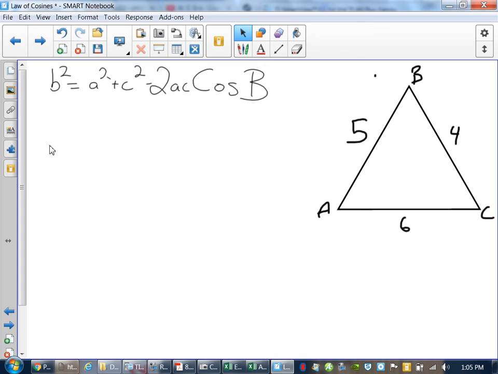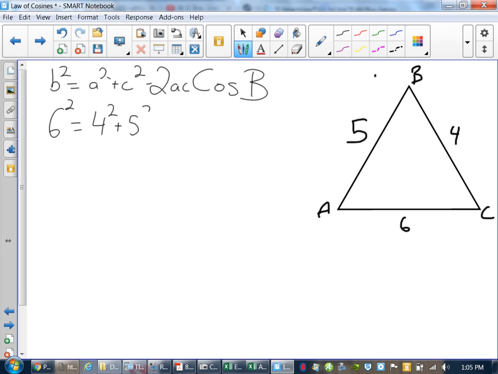It's the exact same thing, but they put the word cosine in it. Fill in the blanks. You get 6 squared is 4 squared plus 5 squared minus 2 times 4 times 5 times the cosine of angle B. Go back to the generic equation we wrote a second ago.